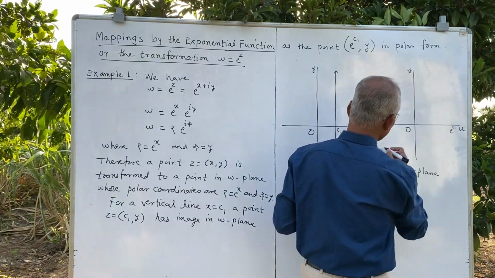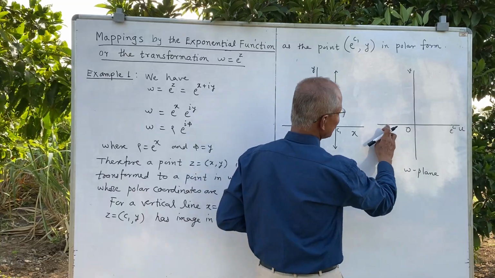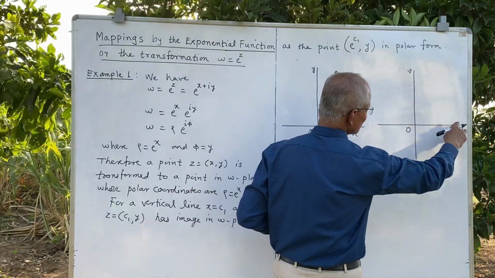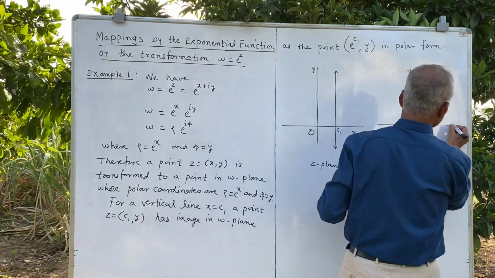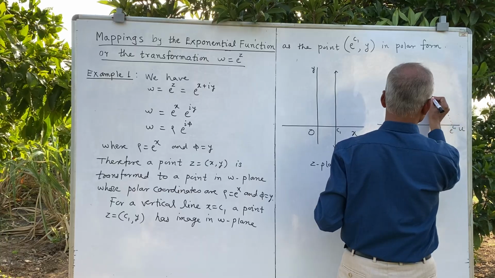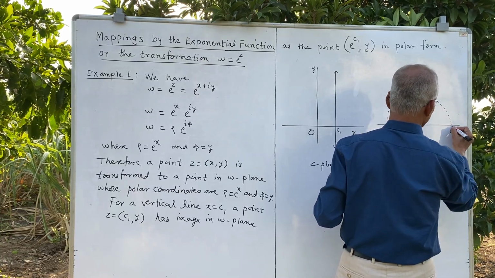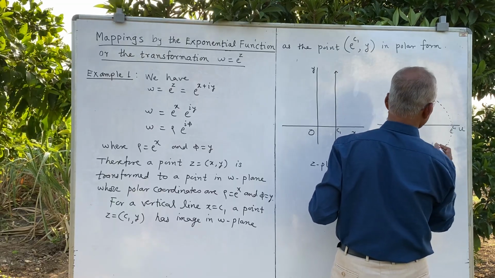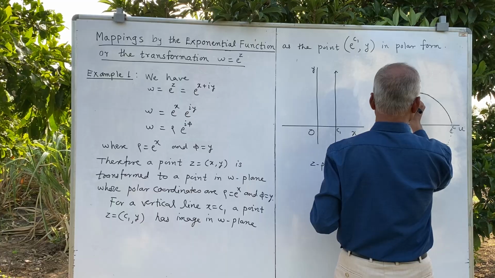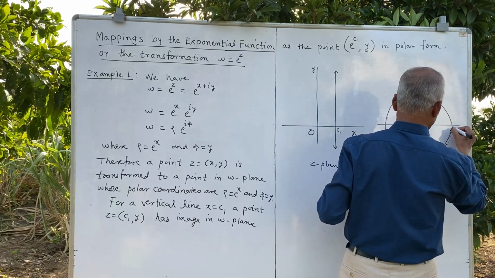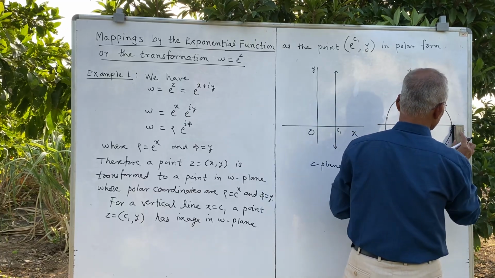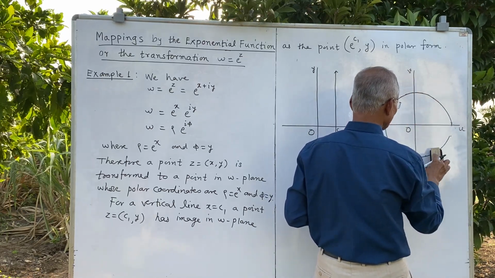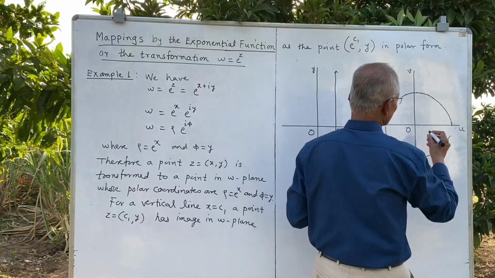If y is pi, then this will be the image, and y is 3 pi by 2, the image will be like this, and therefore the point moves along the circle. We will show this by a dark line. This is the image of the line x is equal to c1.